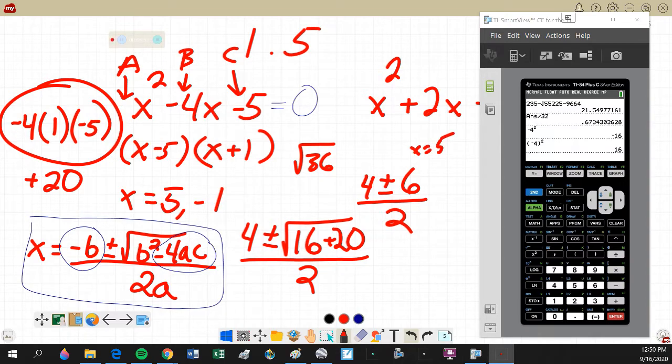The other one is 4 minus 6, which is negative 2, divided by 2 is negative 1, which is the same thing I got doing it the short way. Well, why did I do this if I got the same answer I got before? And the answer is sometimes factoring doesn't work.